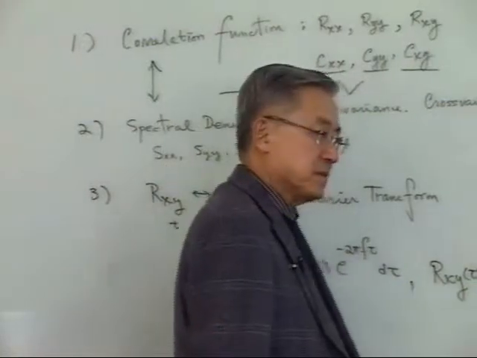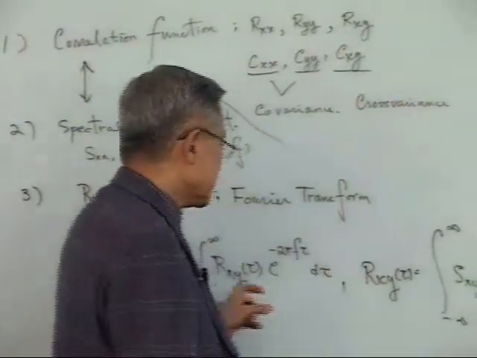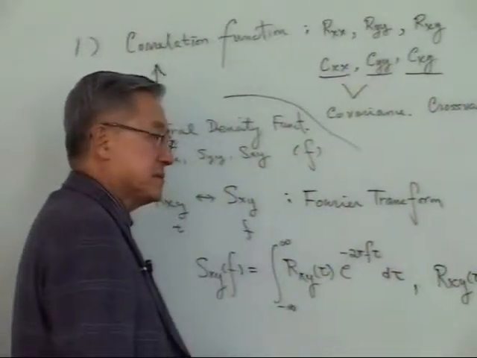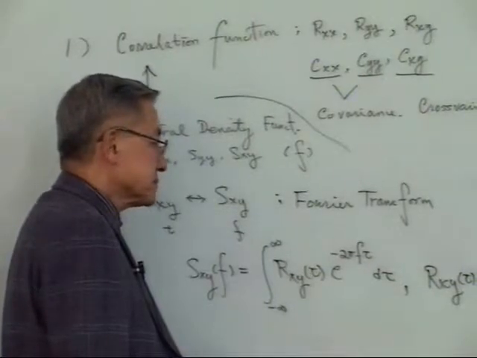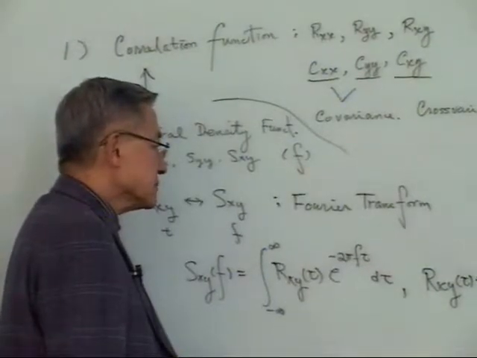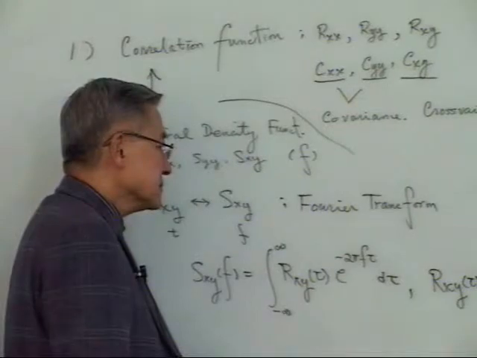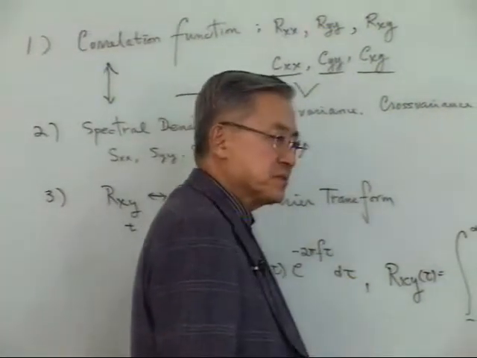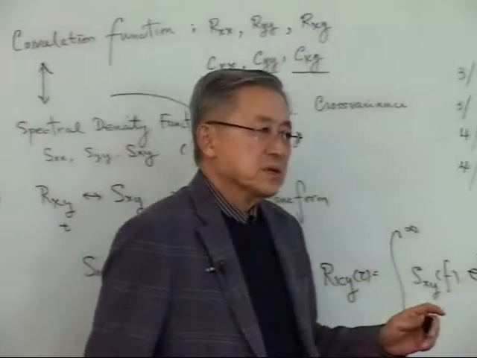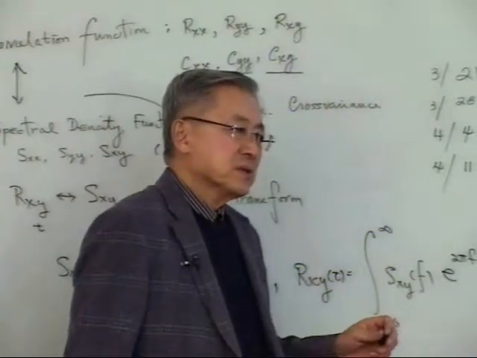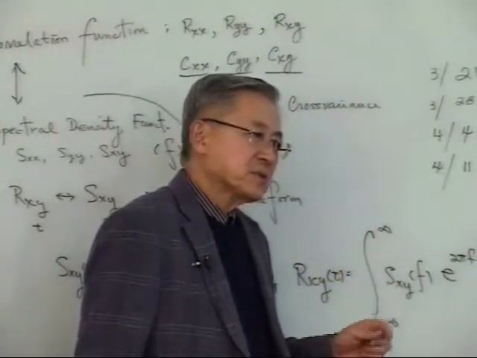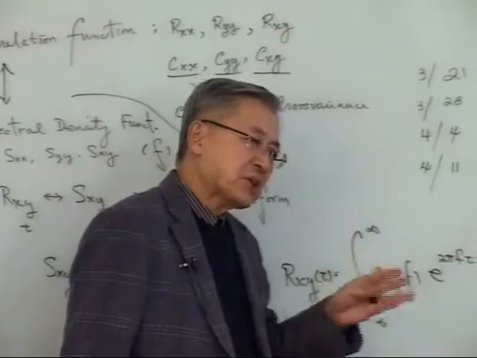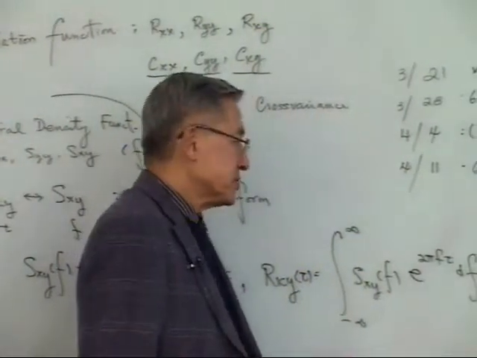Same thing over here: time domain, and this is frequency domain. In addition, this is a Fourier transform. This is what we mostly use in dynamic systems to understand the dynamics of a given system.